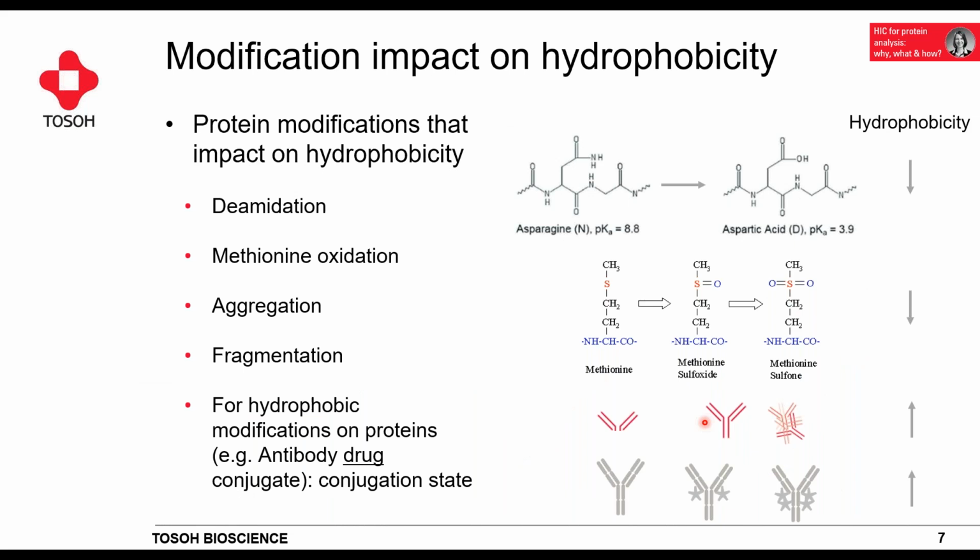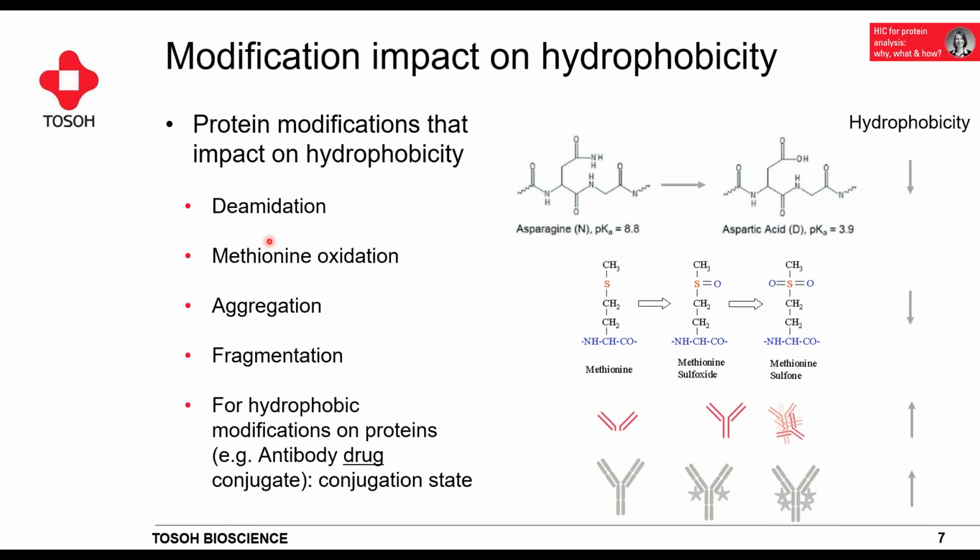But what we will also find is that modifications on proteins also have an impact on the overall hydrophobicity of the molecules. And these can actually be very tiny modifications, as we will see, that lead to such a shift in hydrophobicity that is detectable by HIC separations.